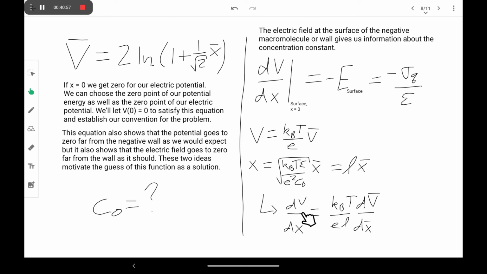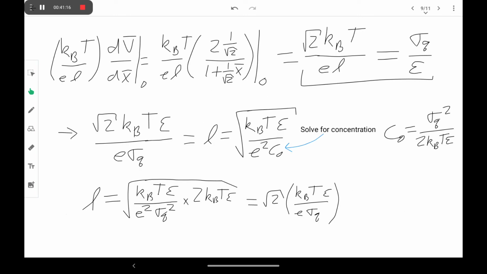Okay, so our question is take dV dx. If we take dV dx, we're going to get kBT over EL, so this is just L, and then dV bar over dx bar. So we just have to take the derivative of this with respect to x bar. So let's see what that is. We have those constants left out front, and the derivative of this, remember we're evaluating it at 0, because that's how we know it's associated with that sigma.